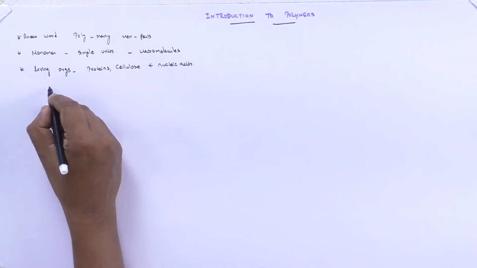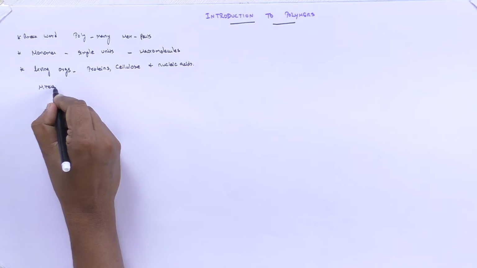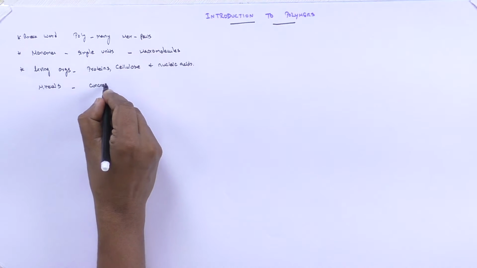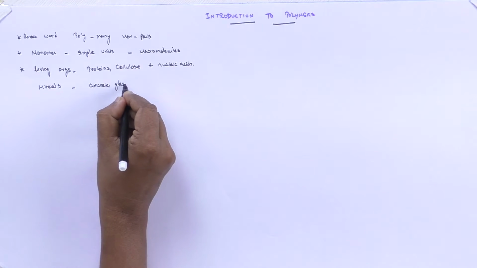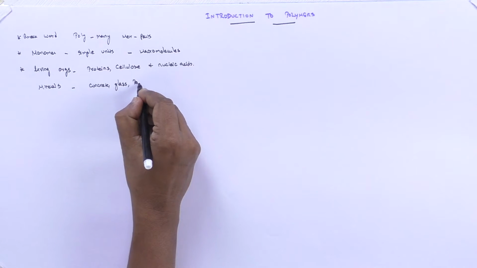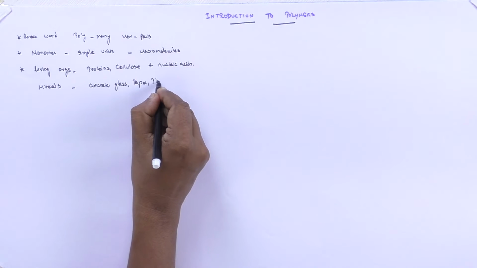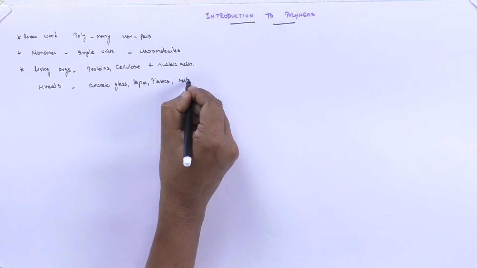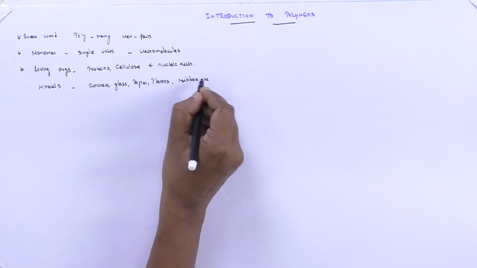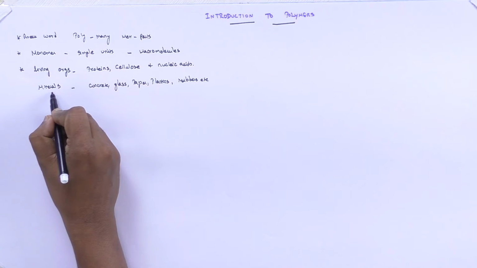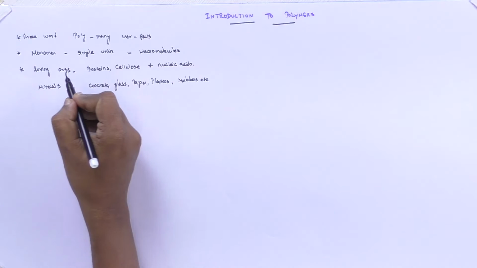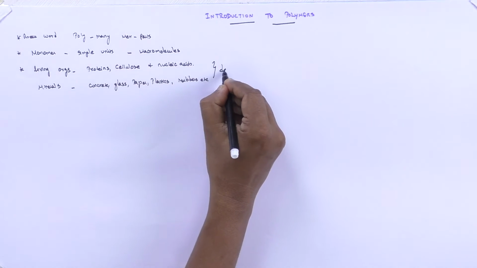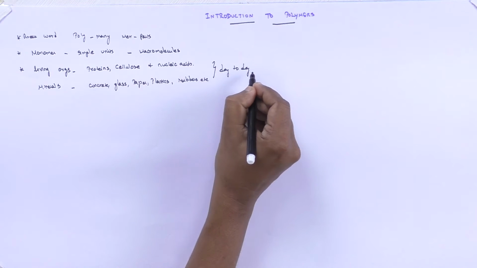Moreover, they also form materials such as concrete, glass, paper, plastics, rubbers, etc. All these are polymers, both minerals and those in living organisms. Most of the things around you that you use in day-to-day life are polymers.